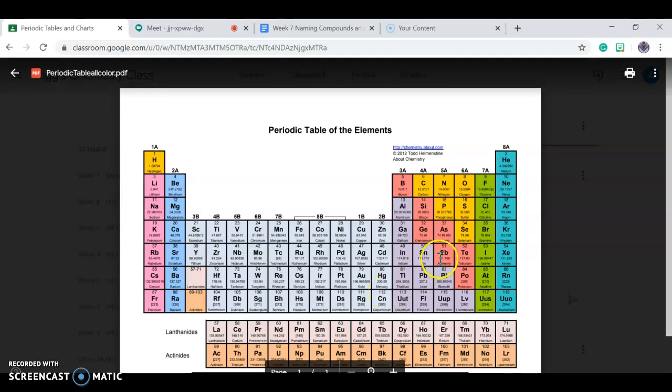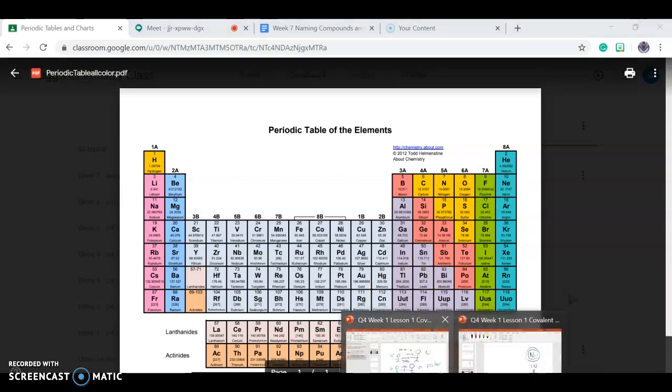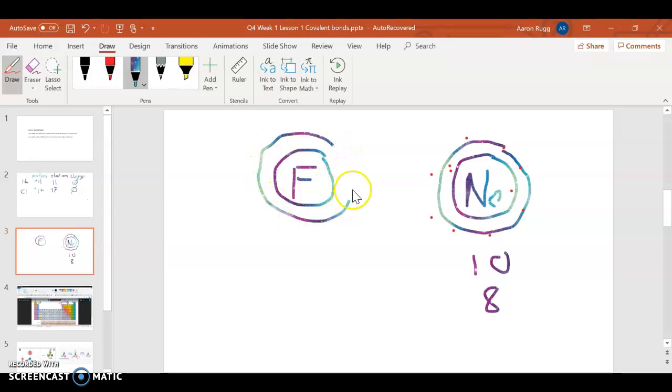All right. So now let's take a look at fluorine. Fluorine has atomic number of 9. So it starts off with 9 protons and 9 electrons.